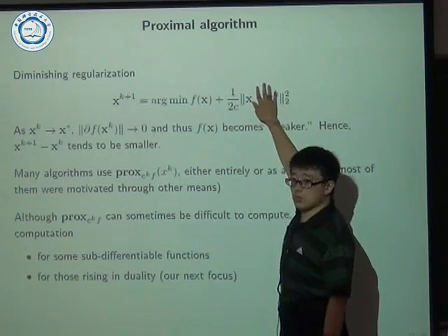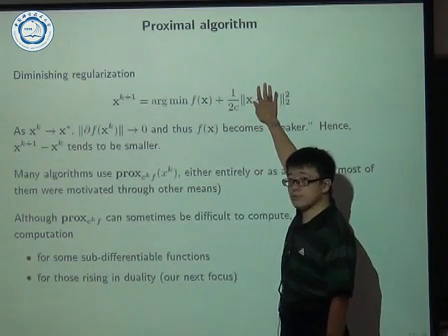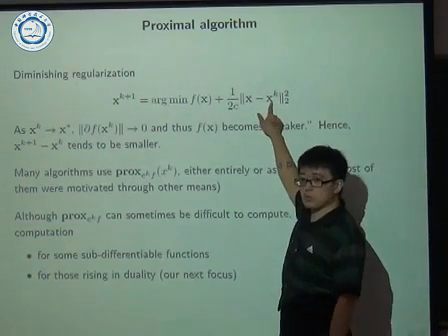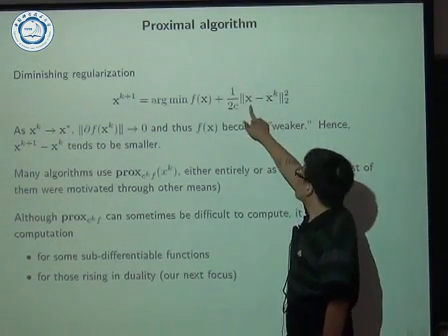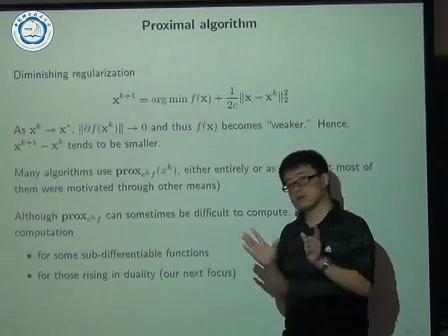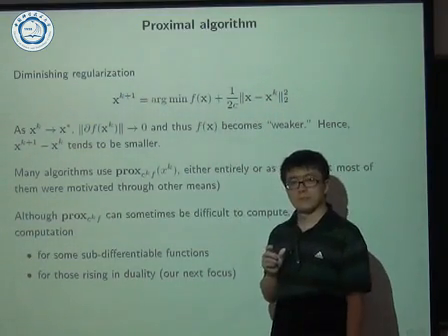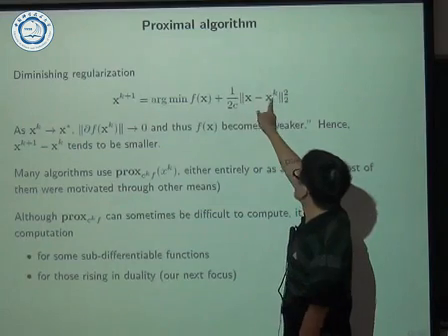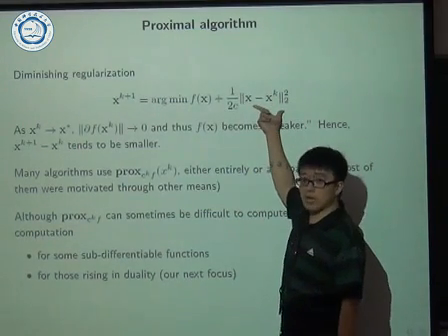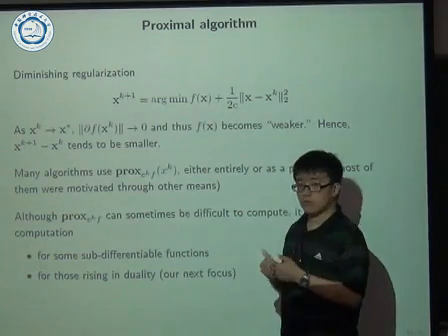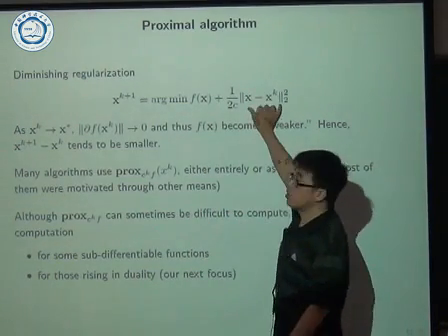But you can't do that, because if you do that, you change the solution. Instead, we do x minus the previous point. If your next point is close to the previous point, the addition to this function is very small. If xk plus 1 is close to xk, this term has a small value. If xk plus 1 is very far away from xk, this term has a large value.